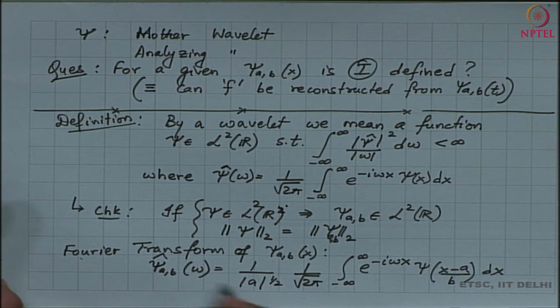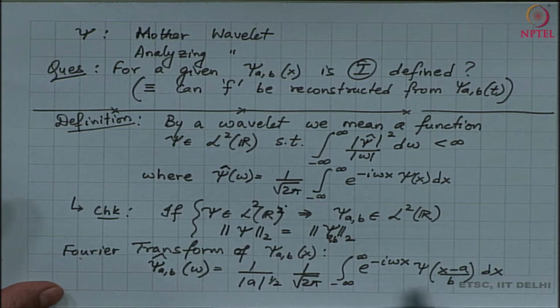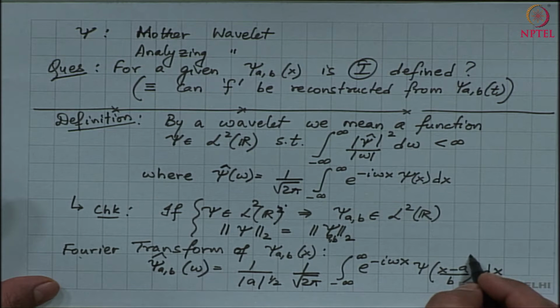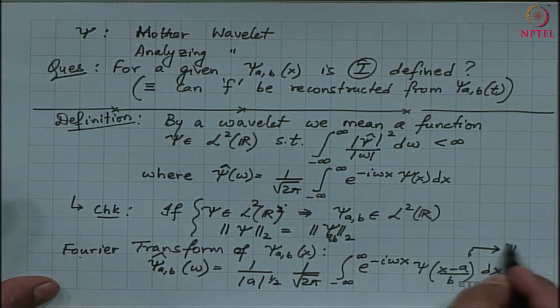We see that the Fourier transform of the wavelet can be evaluated by this integral of the scaled wavelet. Let me call this expression 2.